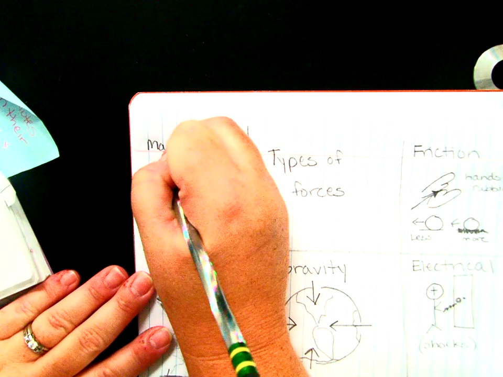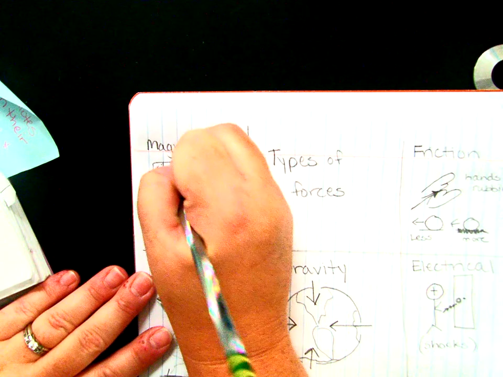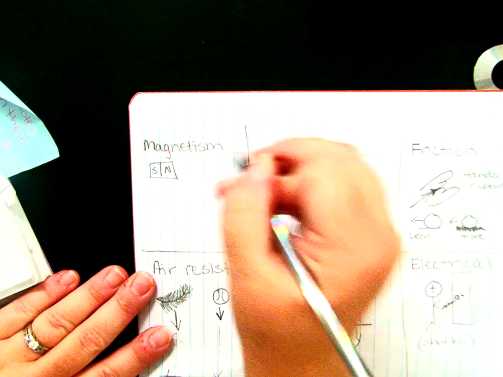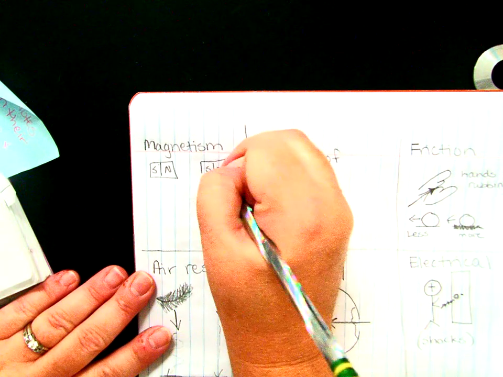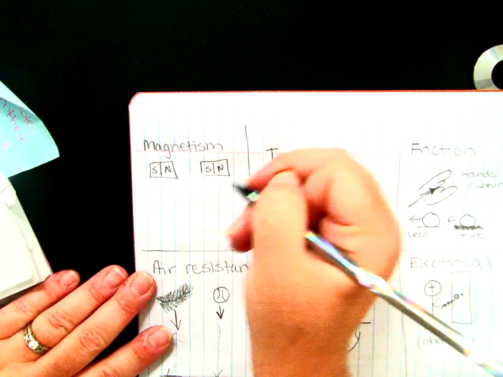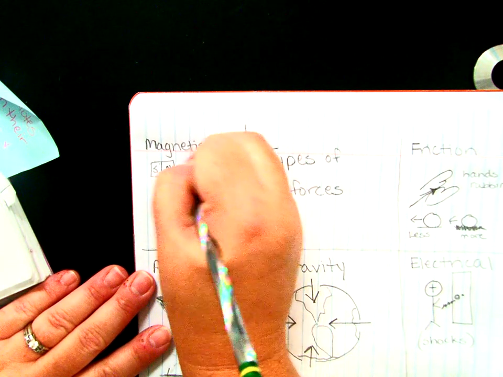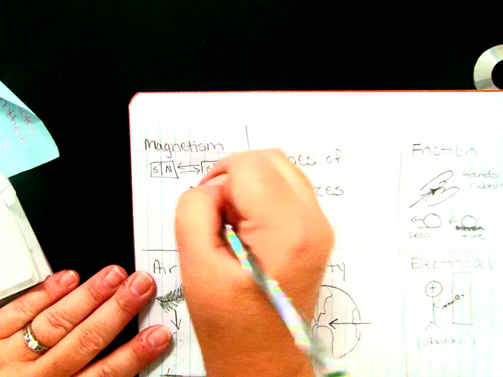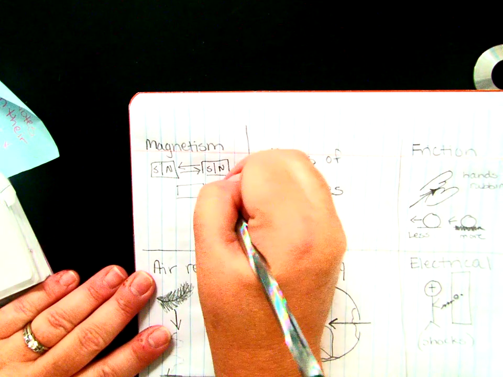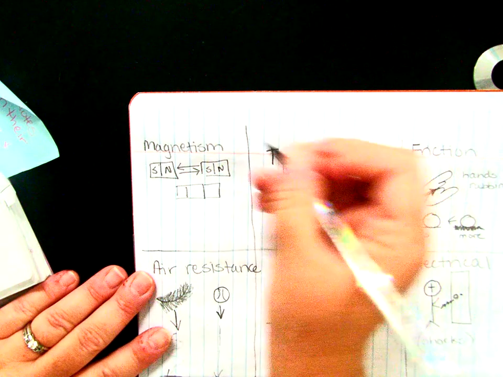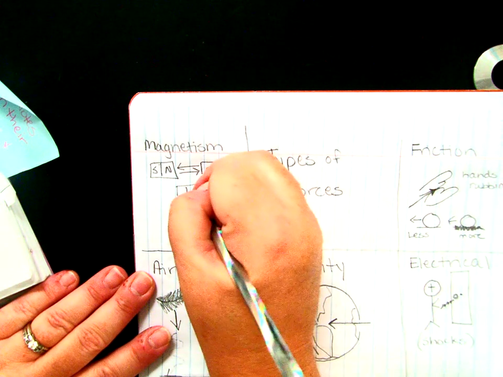And then on the other side, you're going to have a South Pole and a North Pole. Now these two are going to want to stick together. They're going to connect, and they're going to make one happy magnetic bar because opposites attract.